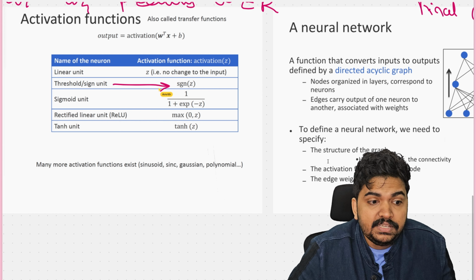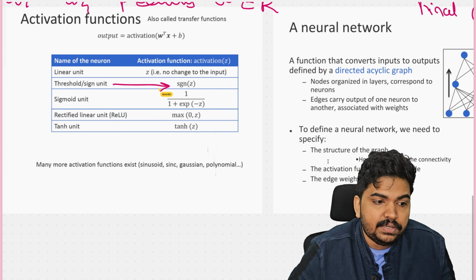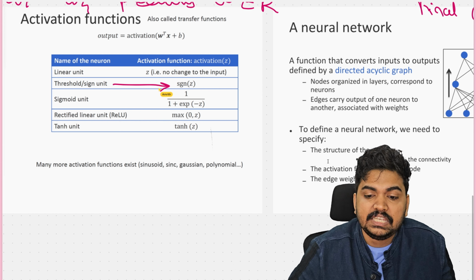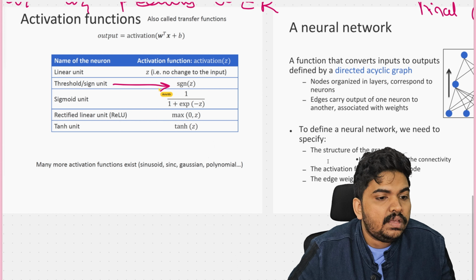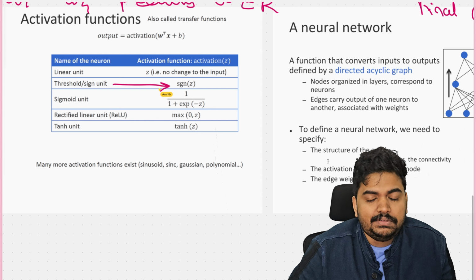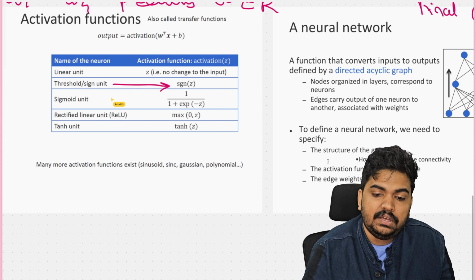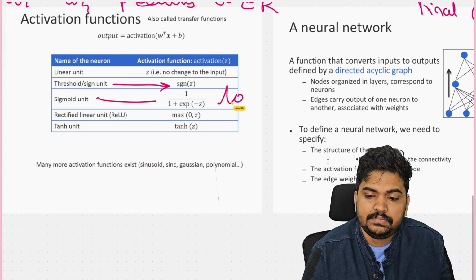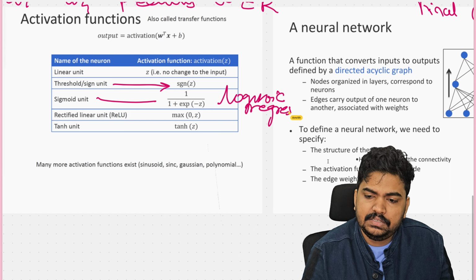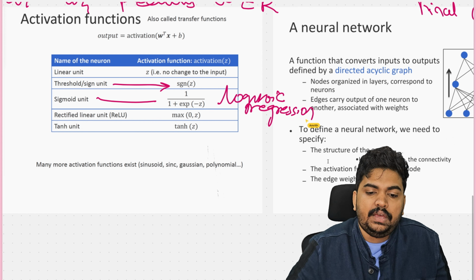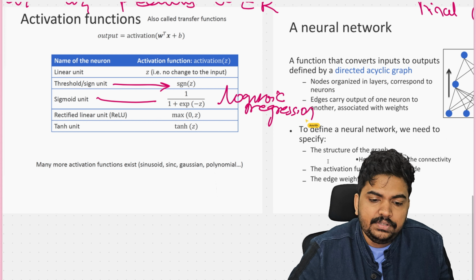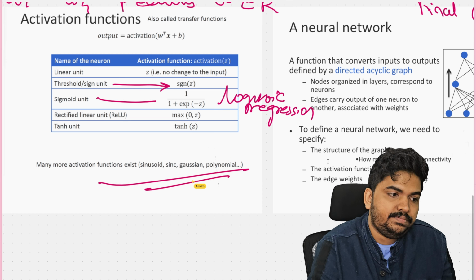It may very well be a sigmoid, which simply applies the sigmoid function, and it's very similar to what we have seen in logistic regression. Then there are others like tanh or ReLU, which is the rectified linear unit, and a lot more exist.